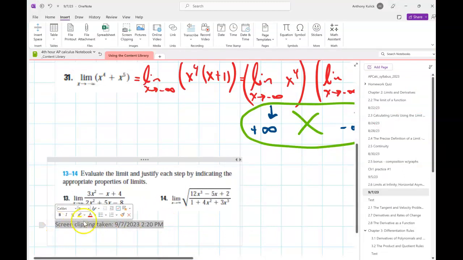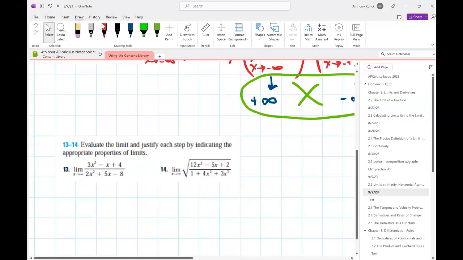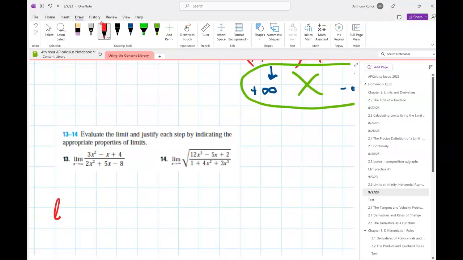Okay. So it says evaluate the limit and justify each step by indicating the appropriate properties of limits. I wouldn't need you to do that. I would just say show your work enough that you're using your limit properties. Oh, like not say the number?